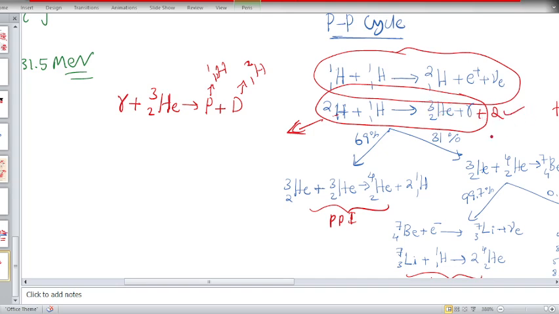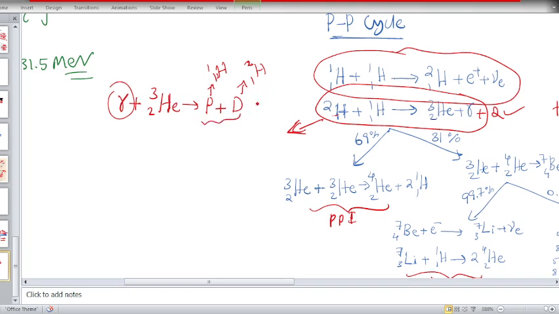So the energy released there is what is required to form this deuteron and proton. The question is how much energy is required for this gamma photon when it interacts with helium-3 to produce this proton and deuteron.